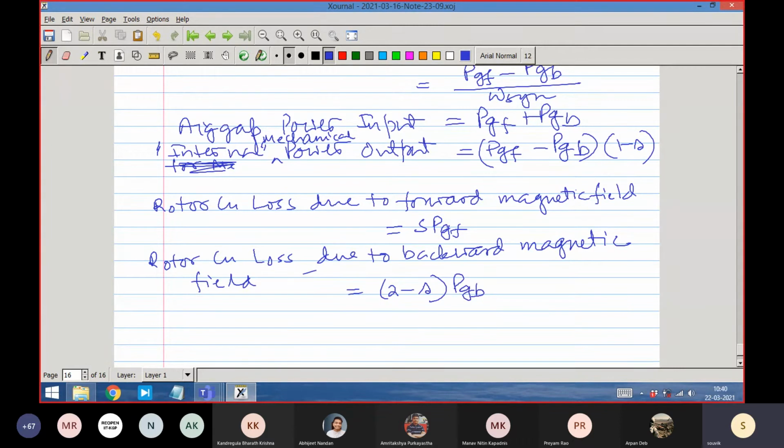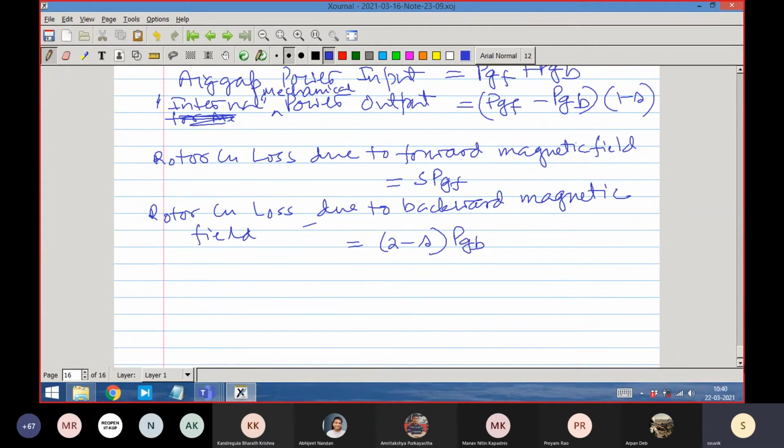So it's just changing the slip part and taking two machines. There are two machines, so each machine has its own air gap power. Think from that concept, and you will get all the things without any doubt.